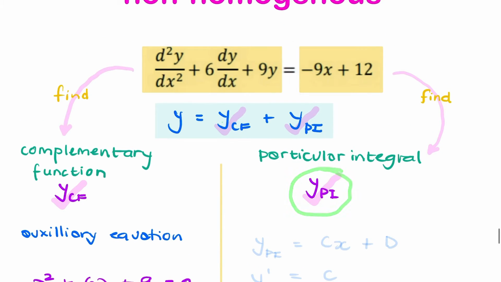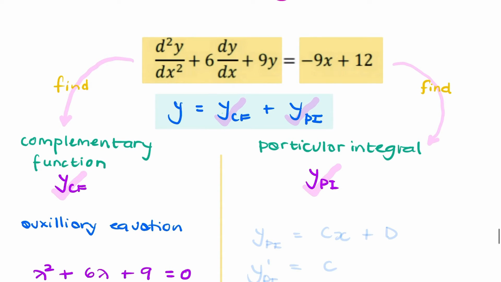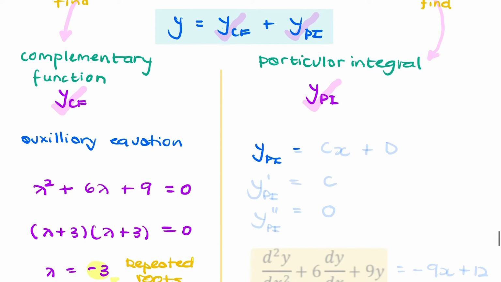And we'll do that by looking at the right-hand side of the equation. So because we have a linear expression, -9x plus 12, we can assume that YPI will have a linear form. So let's say it looks like something in the form cx plus d, where c and d are constants, but they're constants we need to find because this is the particular integral, the specific solution.